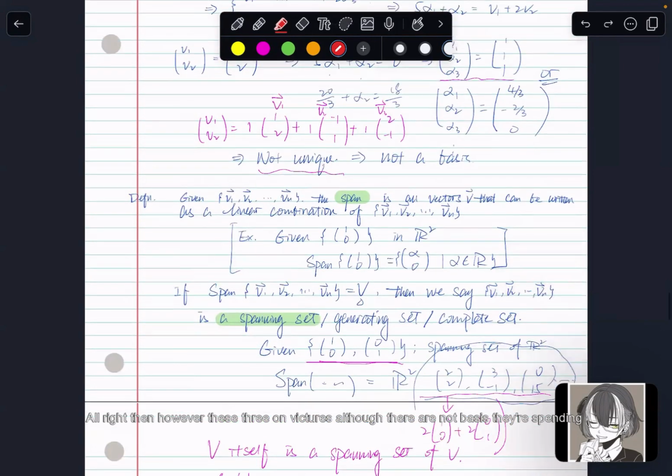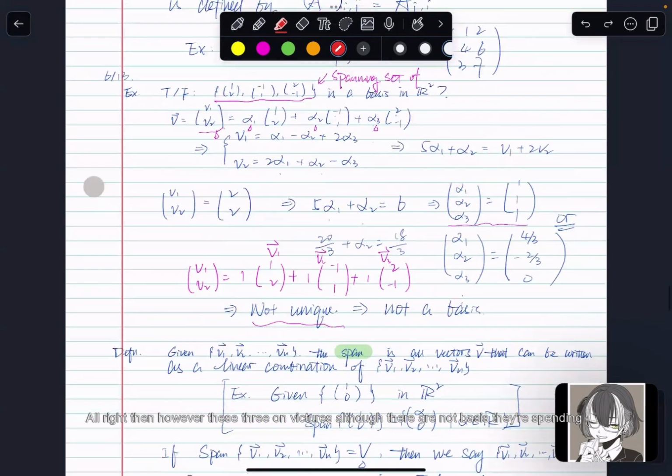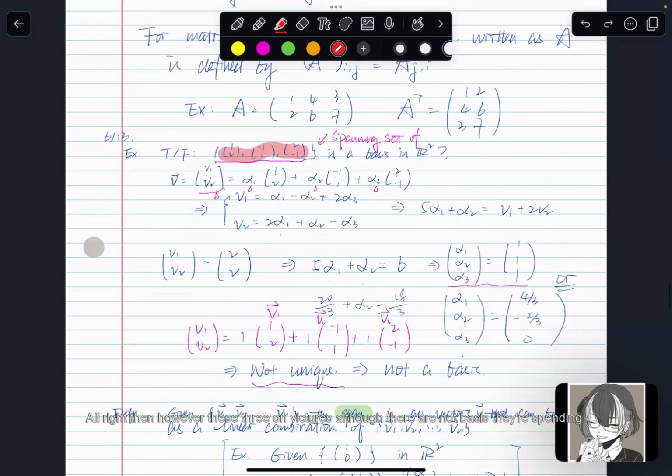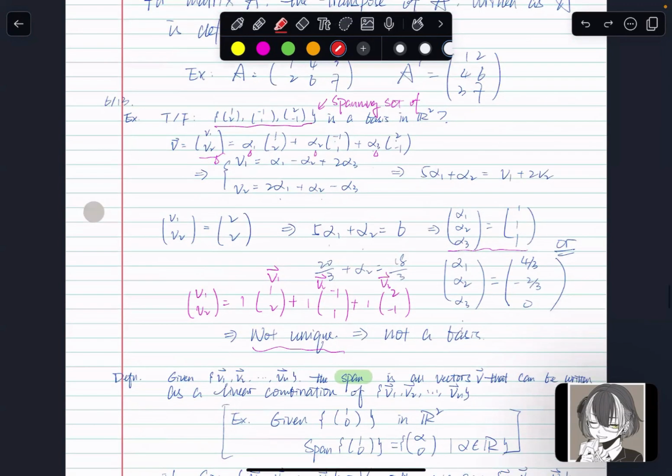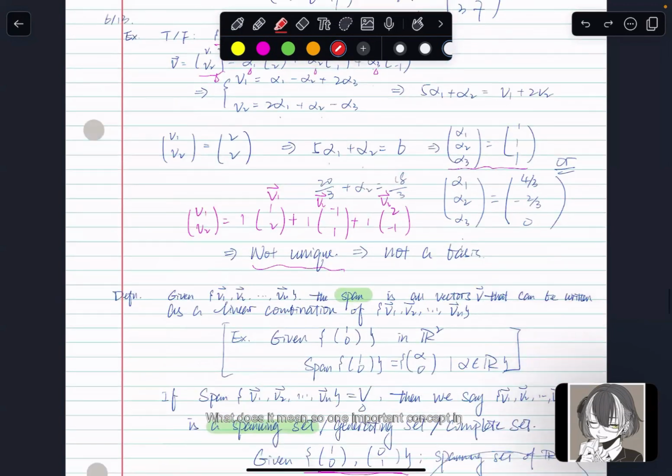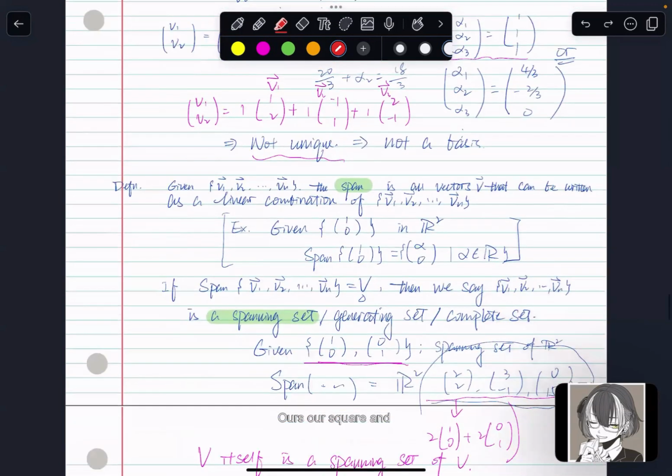All right, however, these three vectors, although they're not a basis, are spanning. So they're a spanning set of R squared. And what does it mean? One important concept in linear algebra is span.